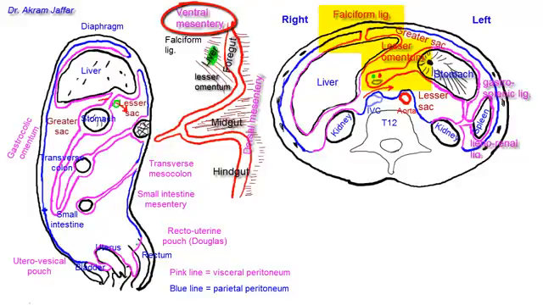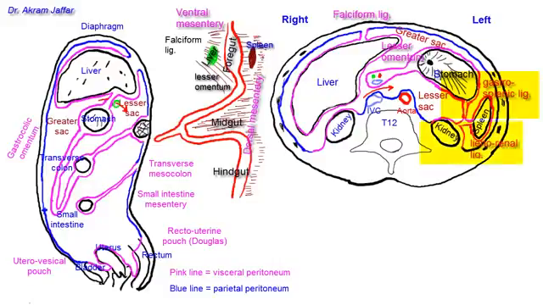In addition, the spleen grows in the dorsal mesentery of the foregut. So this is the region of the spleen here. It grows in the dorsal mesentery of the foregut, and again it divides the dorsal mesentery into two parts: a part between the spleen and the stomach, which is the gastrosplenic ligament, and a part between the spleen and the posterior abdominal wall, where the kidney is going to be formed, and this part is called the lieno-renal ligament.